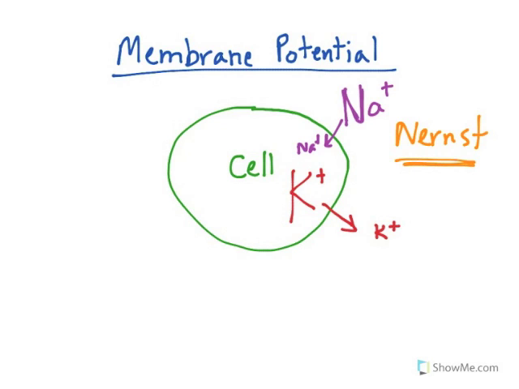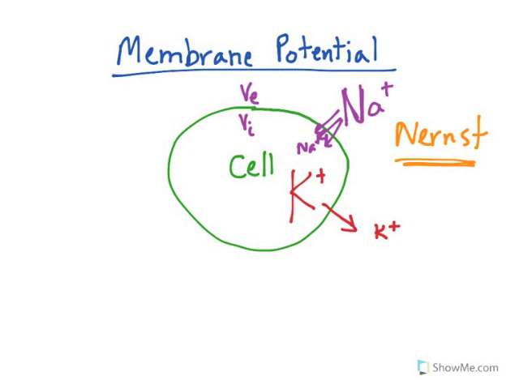So the reason this distribution of ions, such as sodium and potassium, is important is because you build up essentially potential energy. You can think, sodium really wants to flow into the cell, but it can't because the cell membrane is basically a very good insulator. You have a lot of potential energy there, and the way that you think about electrical potential energy is by voltage, and specifically the voltage difference between the extracellular and intracellular.